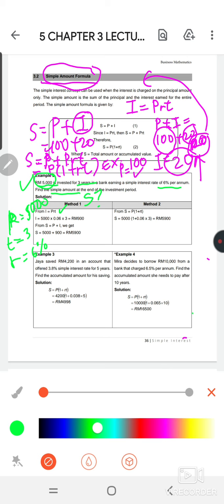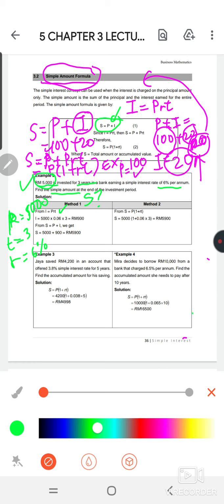Simple amount is S. So for the formula of S, you can use the first formula since you have the value of I. So S equals to P plus I. Your P is 5,000 and your I is 900. So 5,000 plus 900, you get 5,900. So this is your simple amount.